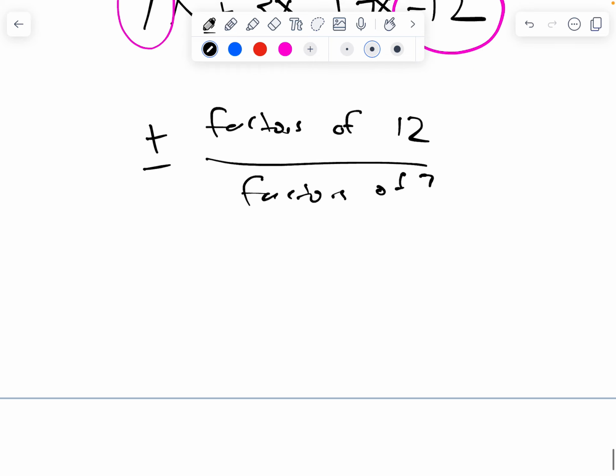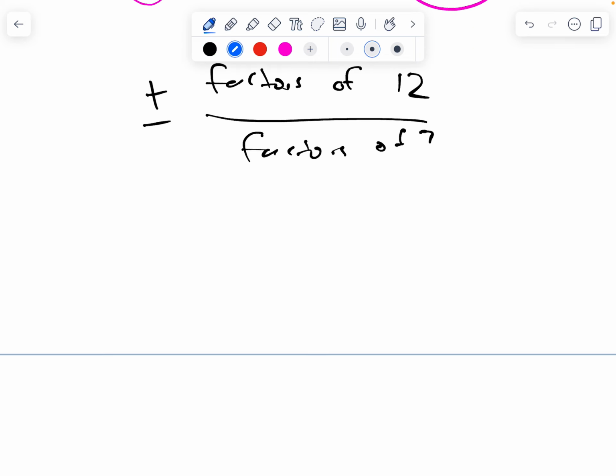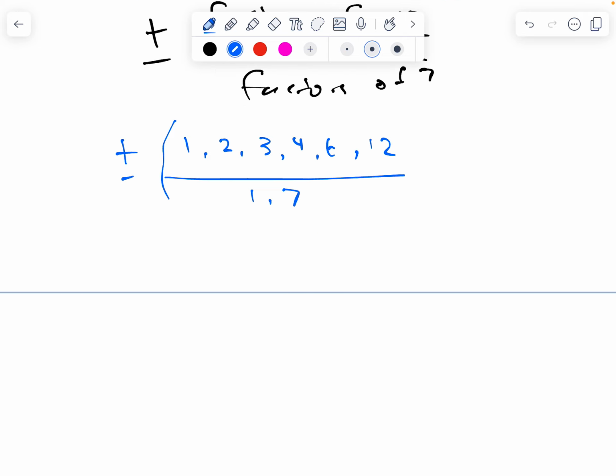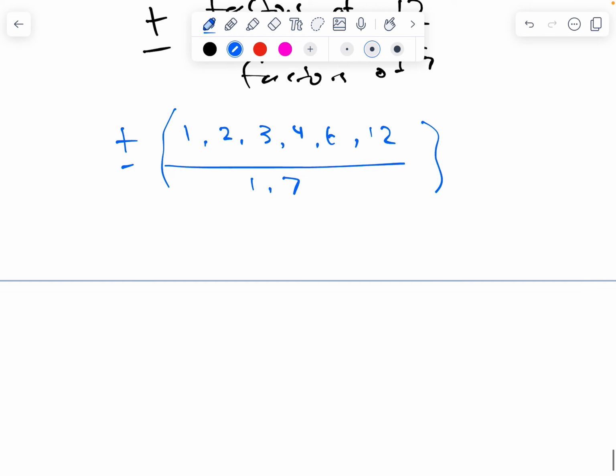So what are the factors of 12? Well, 12, unfortunately, has got a bunch of these. So let's write them out. We got 1, 2, 3, 4, 6, and 12. Factors of 7, just 1 and 7, plus and minus. So we have to do all the possible numbers based off of this. The possible numbers are 1 over 1, which I'm going to write as 1, 2 over 1, which is 2, 3 over 1, 4 over 1, 6 over 1, 12 over 1.